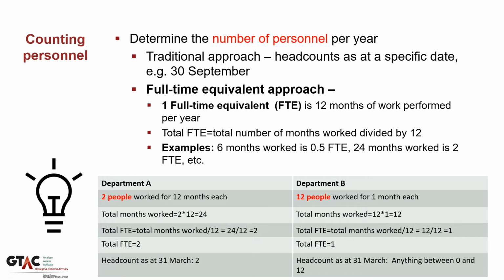If we add it in terms of full-time equivalents, it equates to 1. 12 people, each worked for 1 month only, so it's the same as 1 person working full-time. The headcount could be anything between 0 and 12, depending on which month is selected to do the count. So the example shows that headcounts could be quite a misleading measure of total personnel in a department in a year.